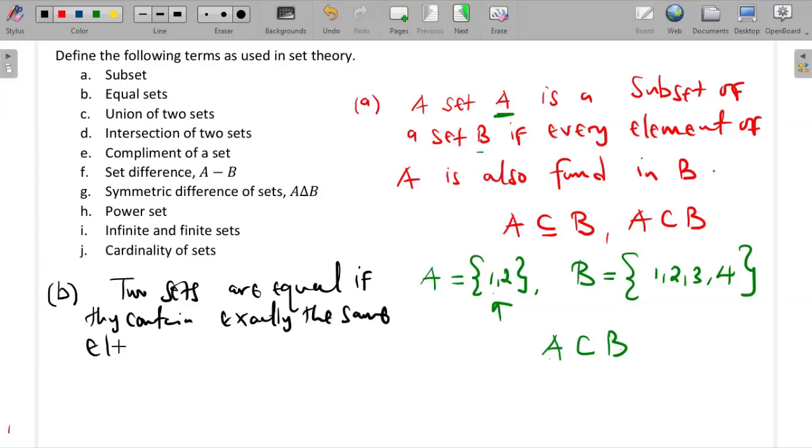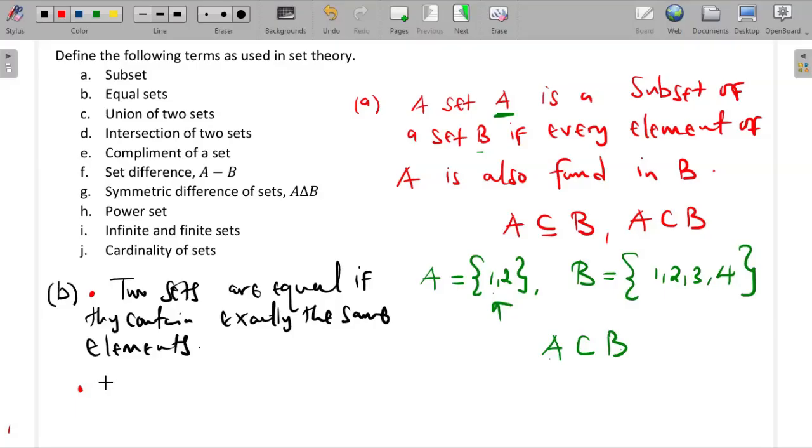If they contain exactly the same elements, then we are going to say that they are equal. But this is a lame definition, anyone can understand. So now in math, we are going to be defining equal sets in the following way.